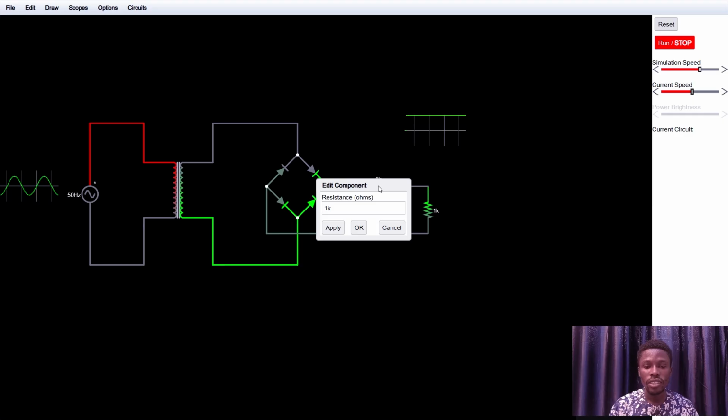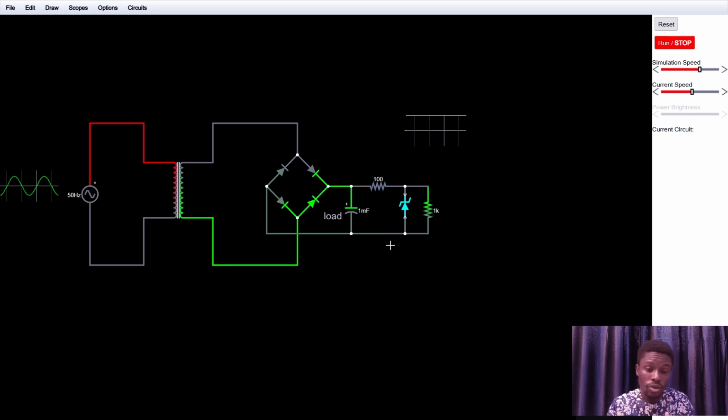The value of this resistor is determined by how much current your Zener diode is meant to handle, right? Using the same principle of how to get the resistance of a light emitting diode that you connect in series with it, you can use the same formula here as well.